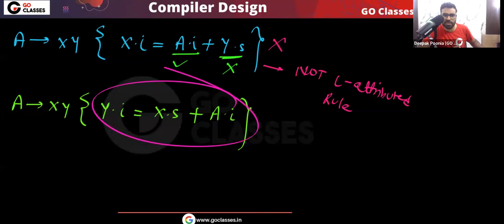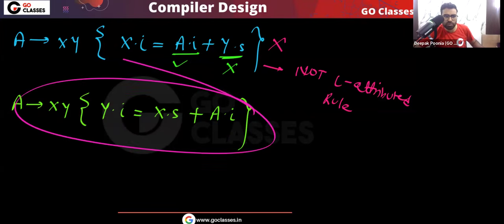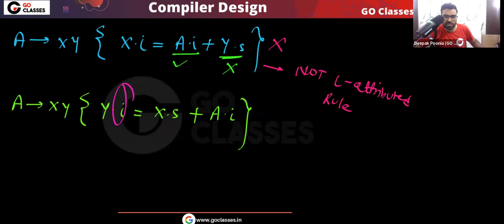In this semantic rule for this production, we are defining this attribute I of y. Y is on the RHS. We are defining an attribute of the RHS. So this is an inherited attribute. So I can say I is an inherited attribute of y.